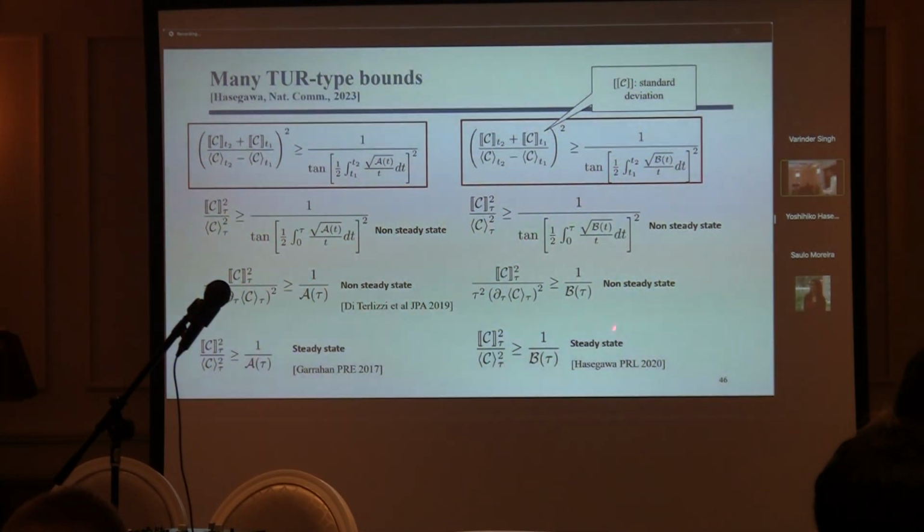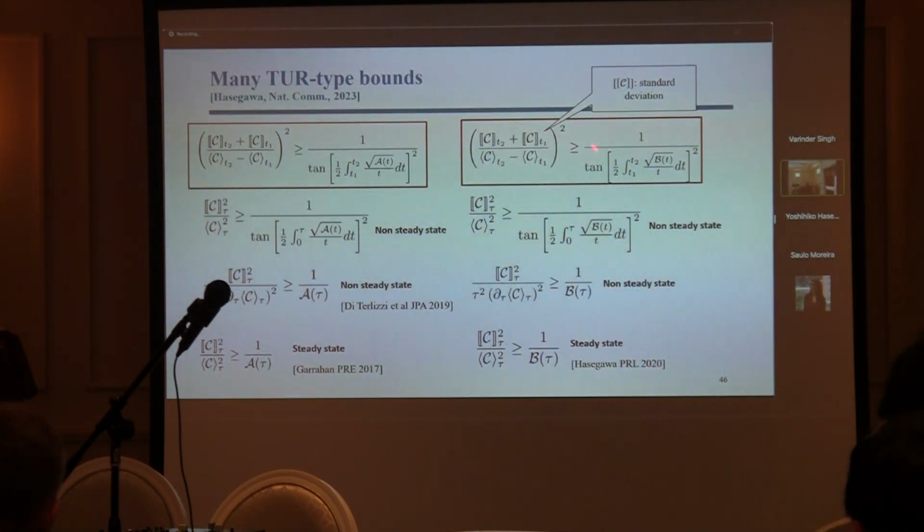And the right-hand side is exactly the same as the left-hand side, except that this A term is replaced by B. So B is the quantum dynamical activity, and A is the classical dynamical activity. So these relationships have been derived for the first time in this paper.